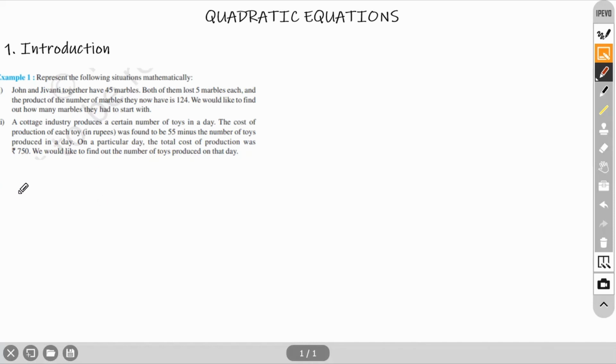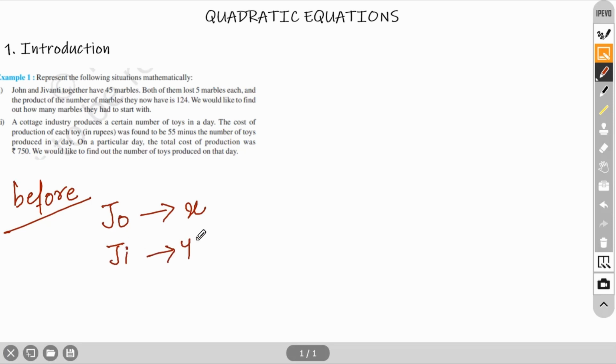So let's see the before condition. So let the number of marbles that John had be x. Then the number of marbles that Jivanti will have will be 45 minus x because they together have 45 marbles. Now let's see the after condition.